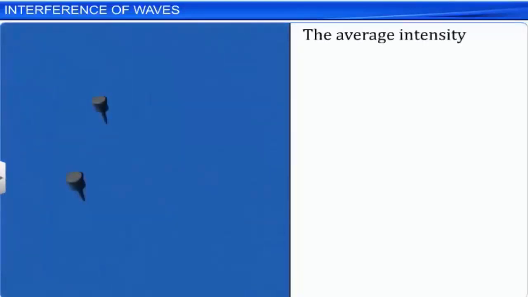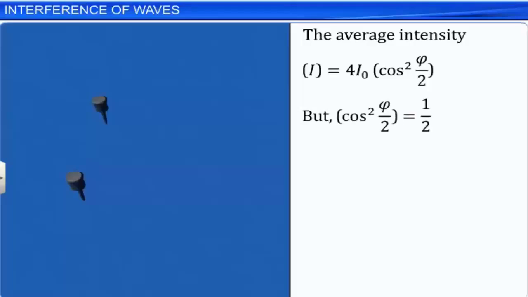But we know that if phi of t varies randomly with time, the time-averaged value of cos square (phi by 2) is equal to 1 by 2. In such cases, the resultant intensity is given by I is equal to 2I0. That means the two intensities are just added up. So we need coherent sources to produce a stable interference pattern.